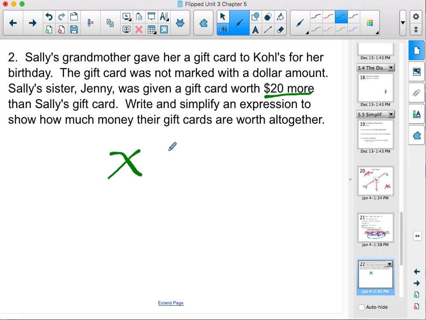We know that we have to add Sally's gift card plus her sister's gift card, okay? So the sister's gift card, we don't know how much it's worth, but we do know that it's worth the same amount as Sally's card plus a bonus $20. So it's Sally's card, the X, plus a bonus $20. So there's our original expression.